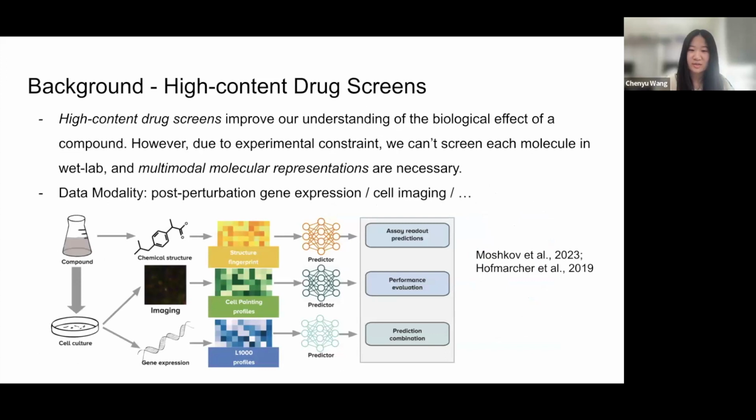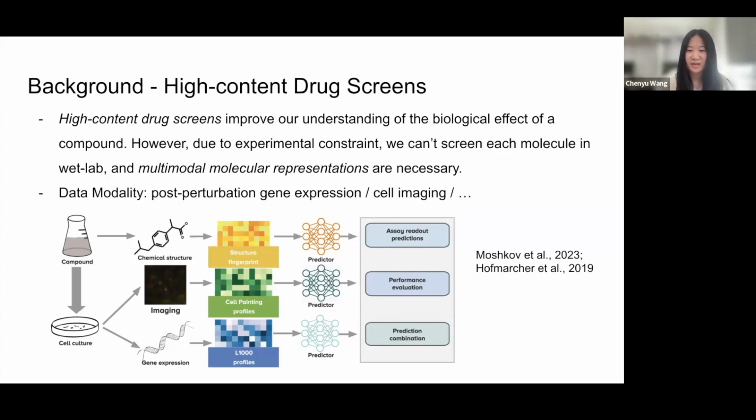As a brief introduction, high content drug screening is a kind of biotechnology that can screen different phenotypes of the cells after the drug's perturbation. Briefly speaking, we have a bunch of cells, and then the drug is added into the cells.